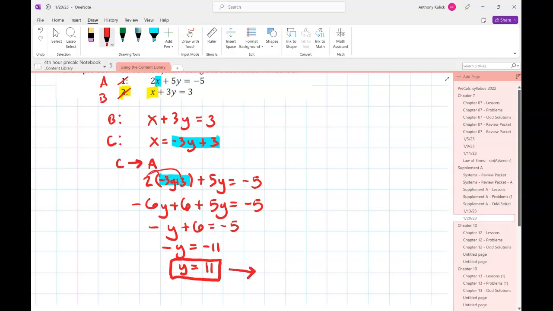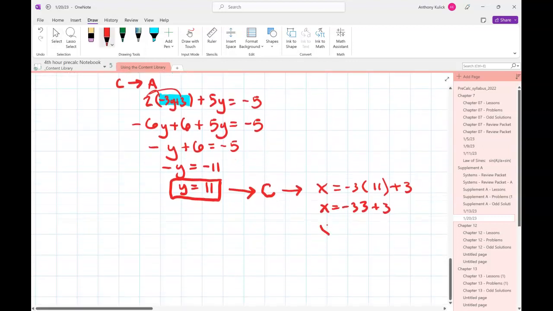All right, now that I have the answer for y, I'm going to take that answer and plug it back into c. So I have x equals 3 times, instead of y, I'm going to write 11. So I get that x is negative 30.